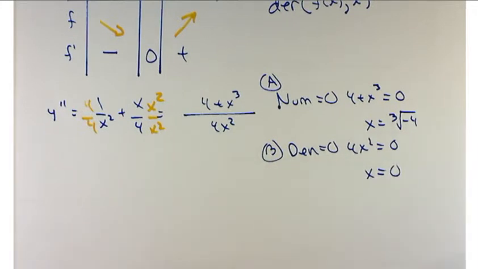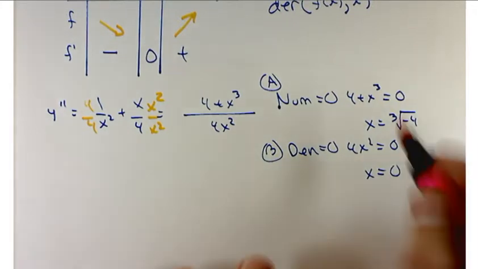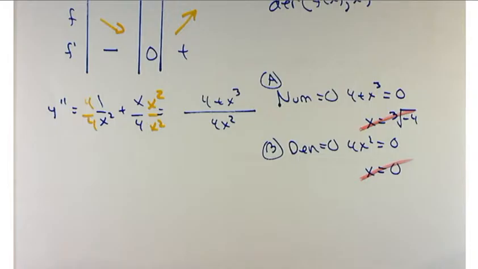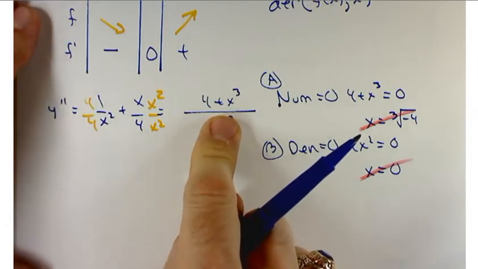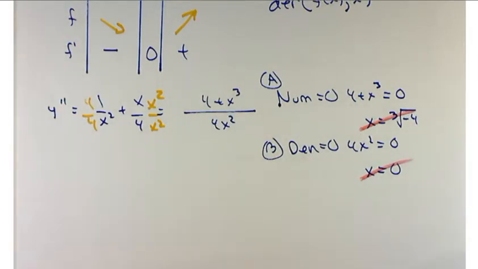Well, that's going to make our life easy. Both of these are outside of the domain. So, basically, the second derivative is either always going to be positive, always concave up, or always going to be concave down. It's not going to be both. So what's that going to give us then?